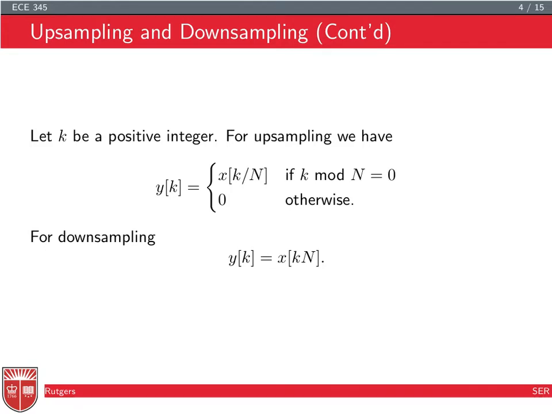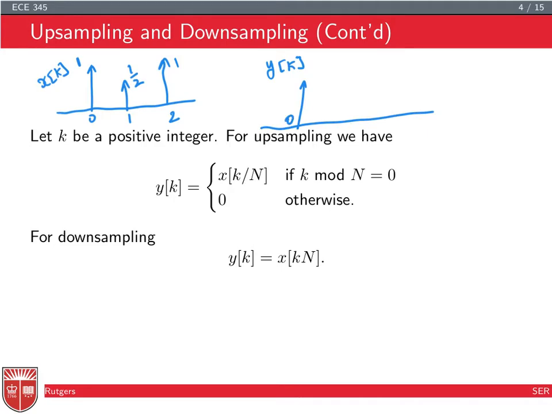So let's suppose you have this signal here. Let's suppose this is x of k, which is 1 at 0, and let's suppose it's 1/2 at 1, and then 1 again at 2. Then if I upsample by a factor of 2, the upsampled version y of k is going to be this one.